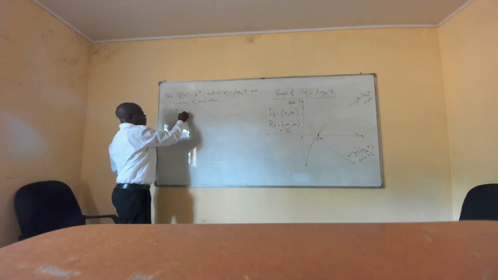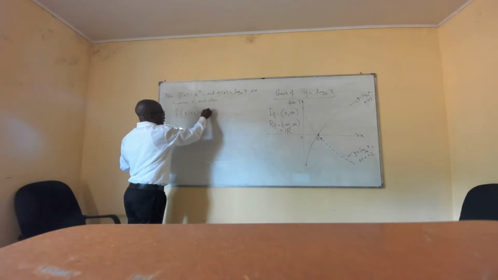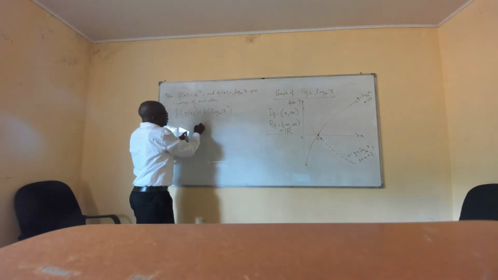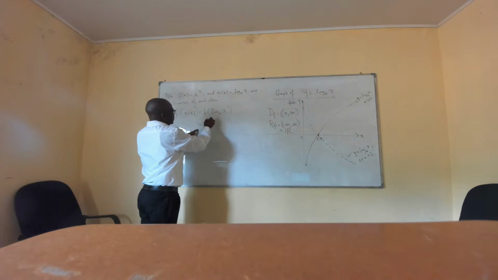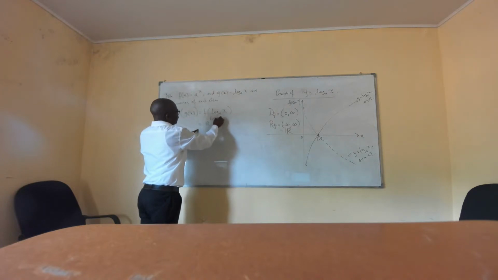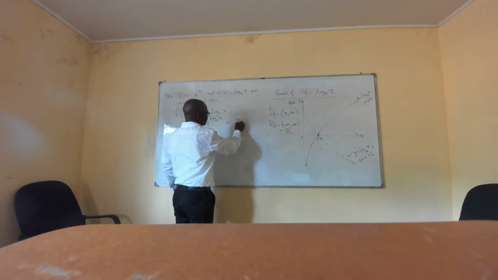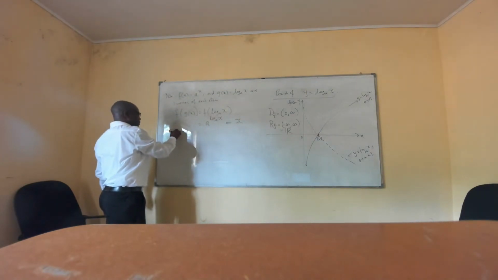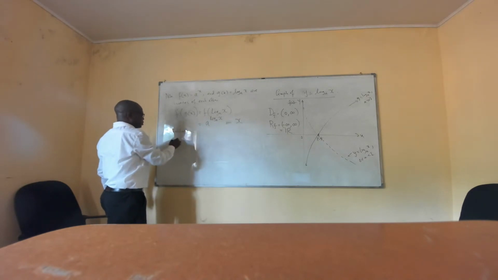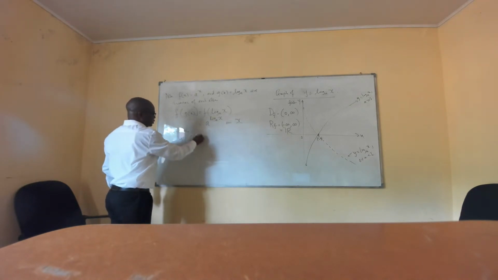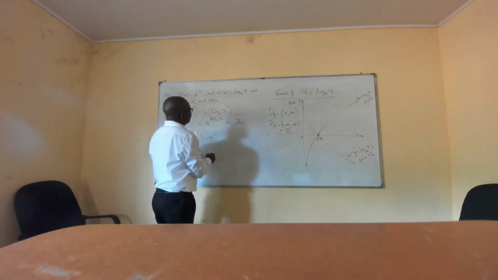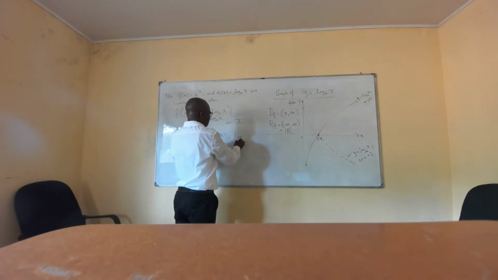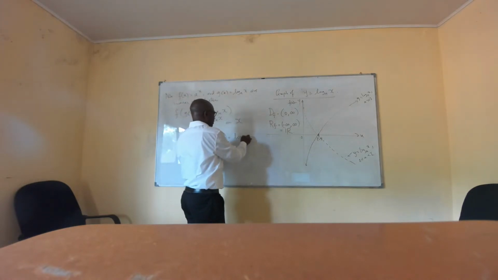F evaluated at g of x: we have g of x is log to base a of x, and in there it will be a to the power log to base a of x, and you know this is x. Similarly, g at f of x, it's a to the power x, so this will be log to base a of a to the power x.